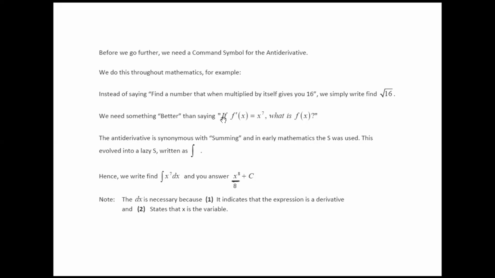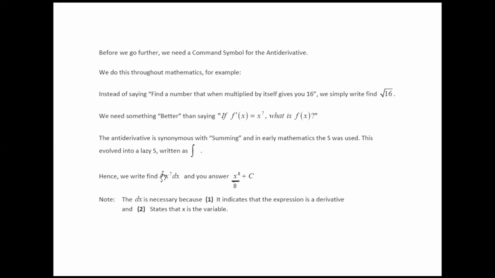So rather than say, if f prime of x is x to the 7th, what is f of x? We'll write the lazy s, x to the 7th dx. And of course, the answer is add 1 to 7, which is 8, divide by the new exponent. So we have x to the 8th over 8, or 1/8 x to the 8th plus c as our answer. Now, you must have the dx attached.